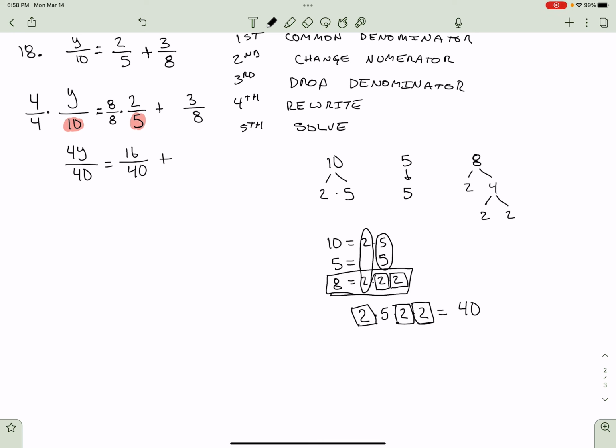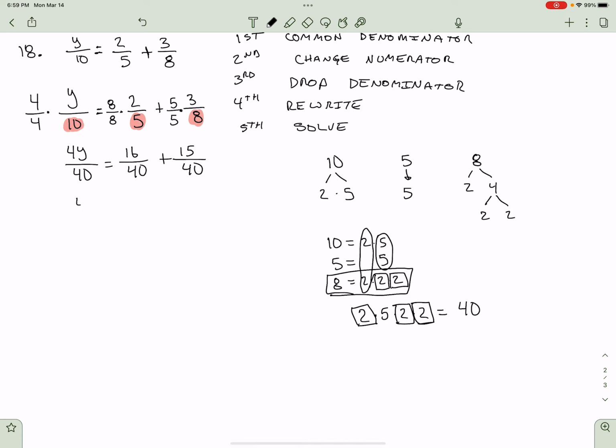Plus, well, 8. We're working with 8 now. Well, to get 40 there, we need to multiply by 5. So that's going to give us 15 over 40. Okay.